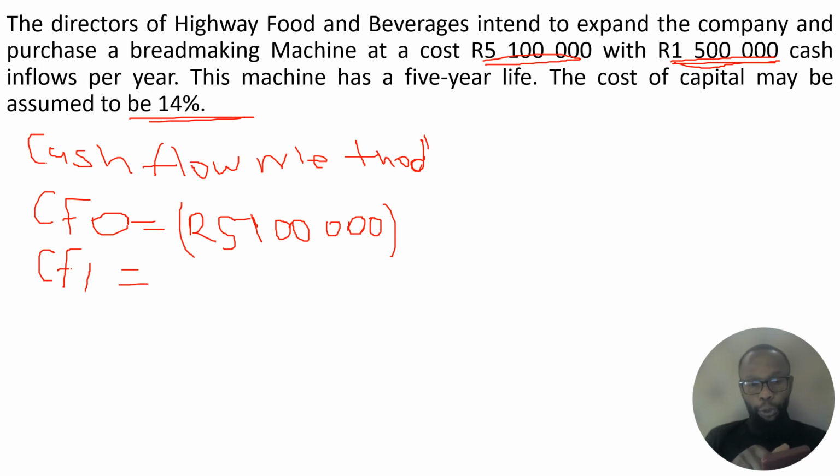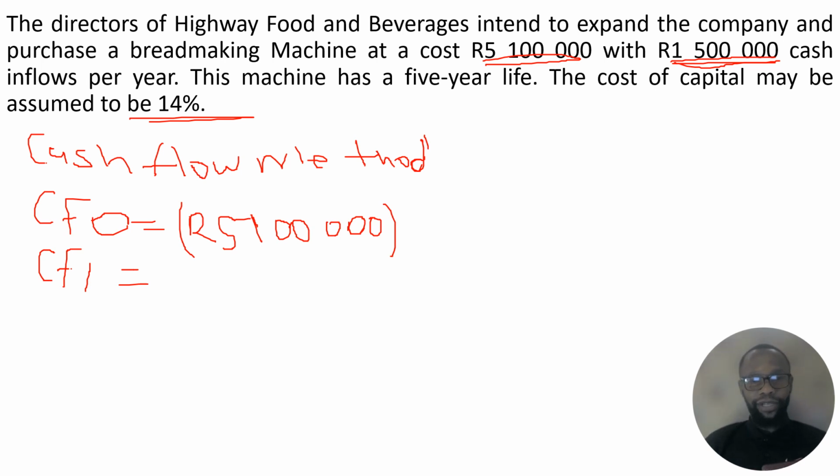And then you drop down. It says net present value. Once it says net present value, you press compute. And then it gives you the answer, 49621.